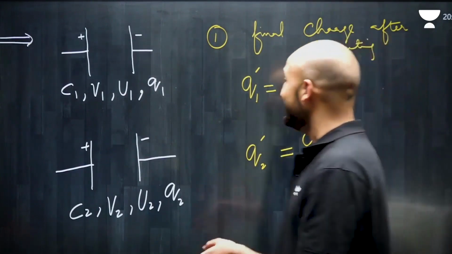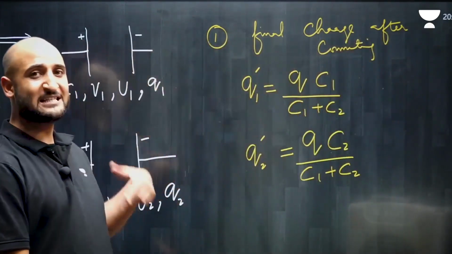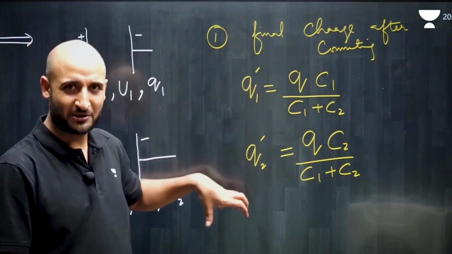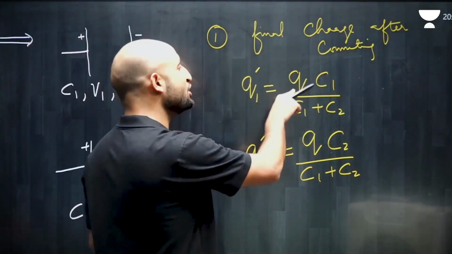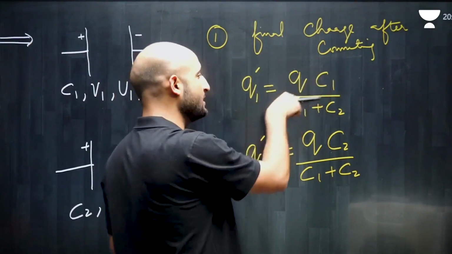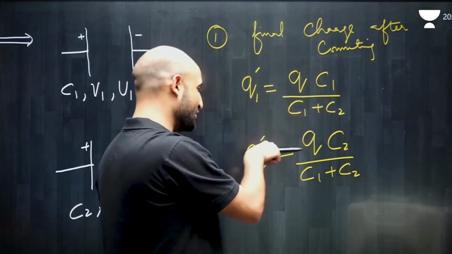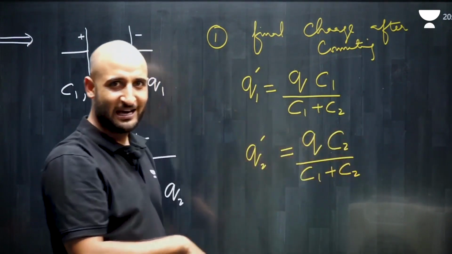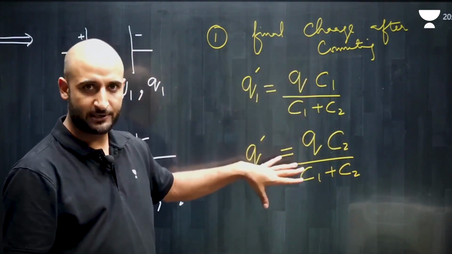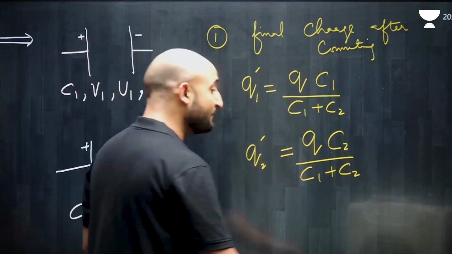Now you see that the equations here and in the previous case are symmetrical. In the previous case it was Q into R1 divided by R1 plus R2, and Q2 prime was Q into R2 divided by R1 plus R2. The only difference is that it's capacitance here, right? That's the first question, final charge.